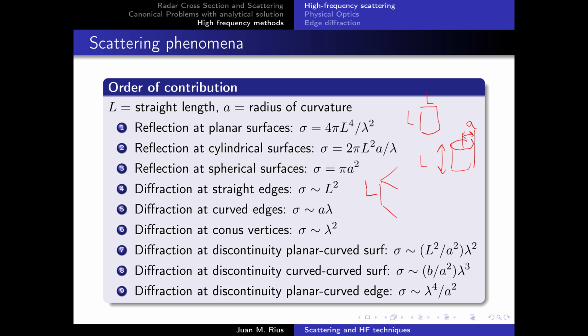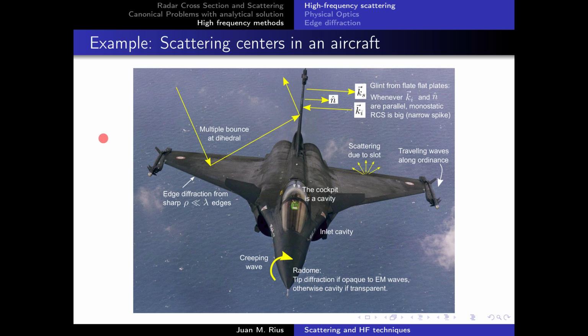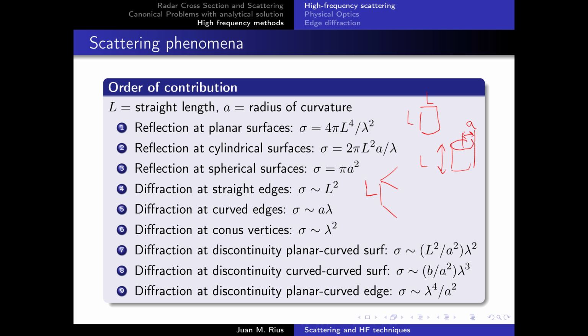This and also creeping waves. These four together with creeping waves. My own software only accounts for these four and not for creeping waves. These four, 1, 2, 3, and 4, together with ray tracing for multiple interactions, ray tracing for multiple reflection surfaces as here, but not for creeping waves or multiple diffraction reflection.